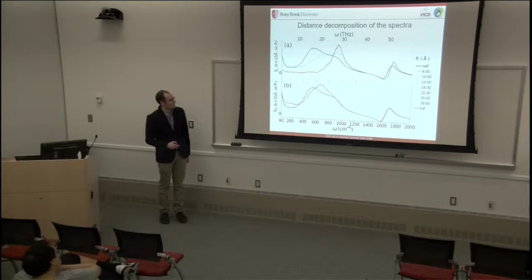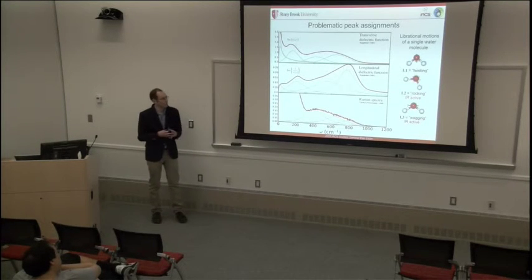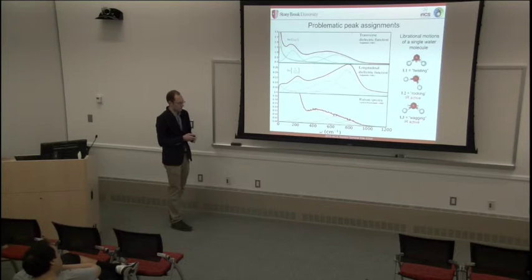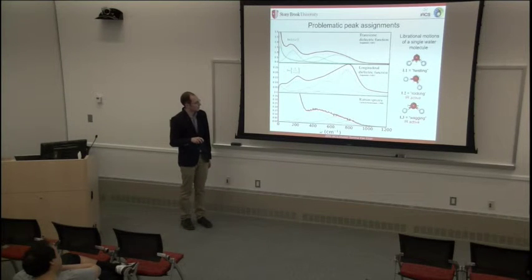And then what I skipped over was this slide, which shows our work leads to a reinterpretation of the Raman spectra. Because in the Raman spectra, in the librational region, it's normally fit with 3 peaks. And these peaks were sort of naively assigned to the 3 possible librational motions: twisting, rocking, and wagging.